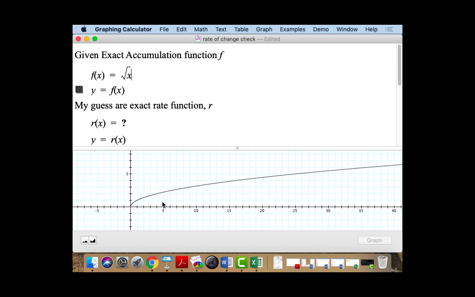In terms of accumulation, if I imagine this as an accumulation function, accumulation happens most rapidly near the endpoint and then slows down. It doesn't have a horizontal asymptote, but it does get less and less steep as we go out. So thinking about the rate at which the y values are increasing with respect to x, the farther I go to the right, the larger x gets, the smaller this rate of change should be, the smaller the increments of y that we increase by.